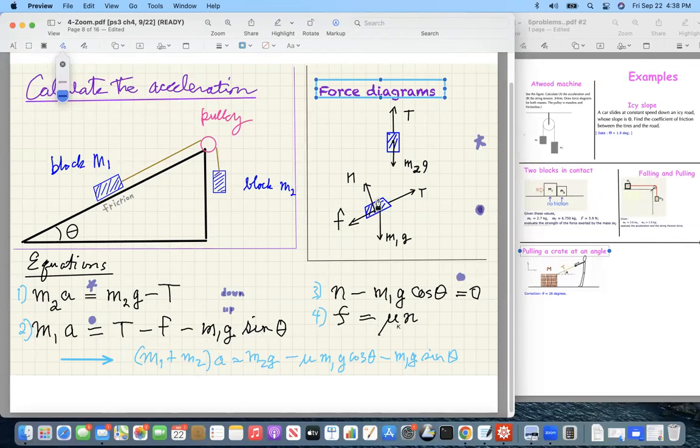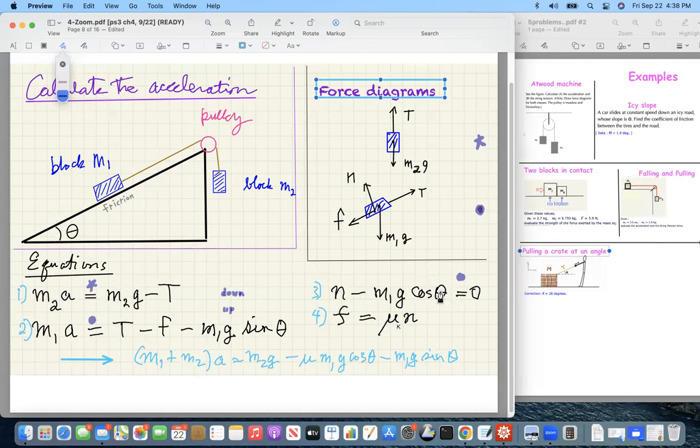The sine theta is there because I have to project out the direction parallel to the surface. There's also a force perpendicular to the surface. That would be N minus M1G cosine theta, but there's no acceleration perpendicular to the surface because the block just moves on the surface.